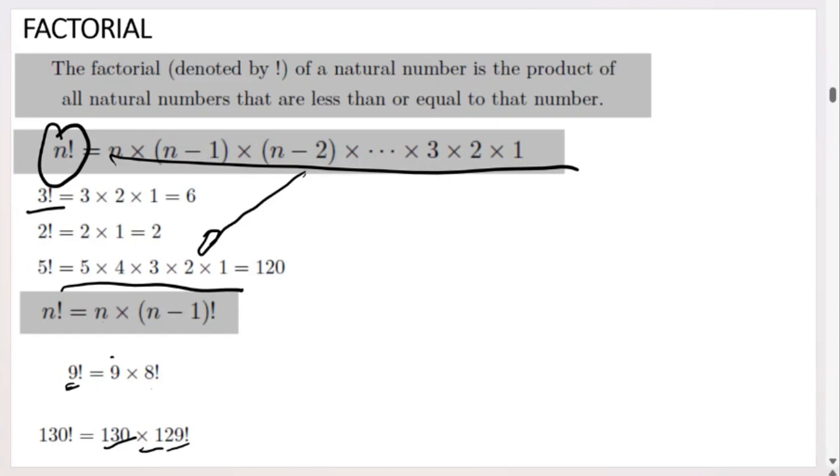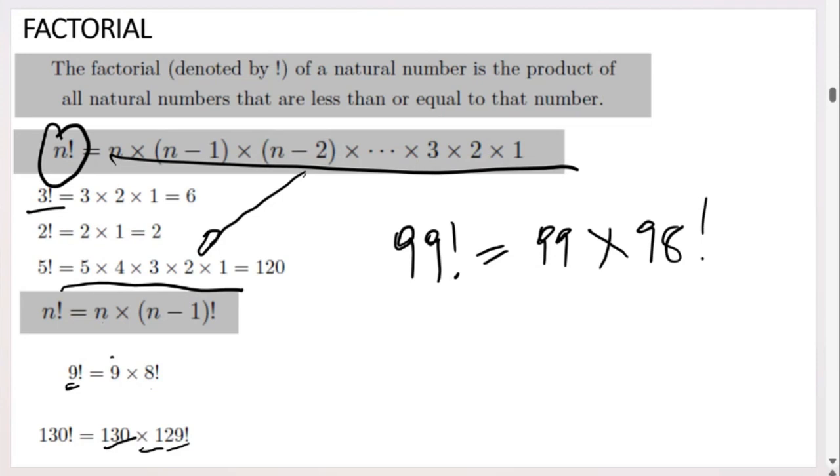If it is 99 factorial, it is simply 99 multiplied by 98 factorial. Okay, so this is just the definition.